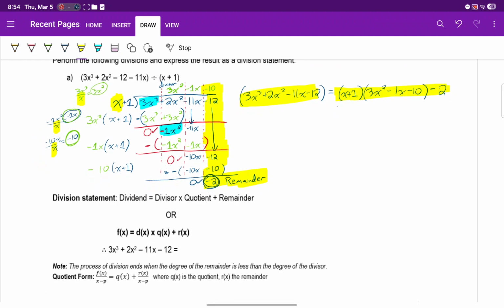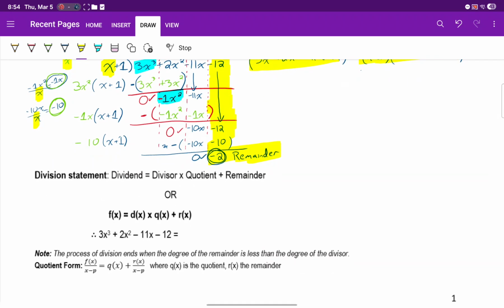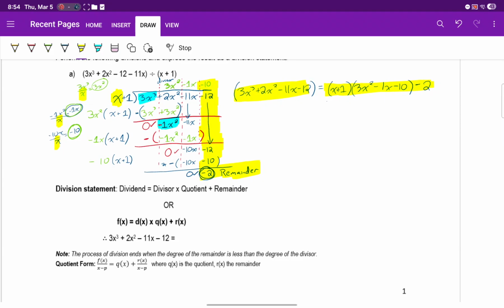Oh, and actually, sorry, I have my division statement down here. I forgot about that. But that's my division statement here. So this is my dividend. This is my divisor. This is my quotient. And this is my remainder.